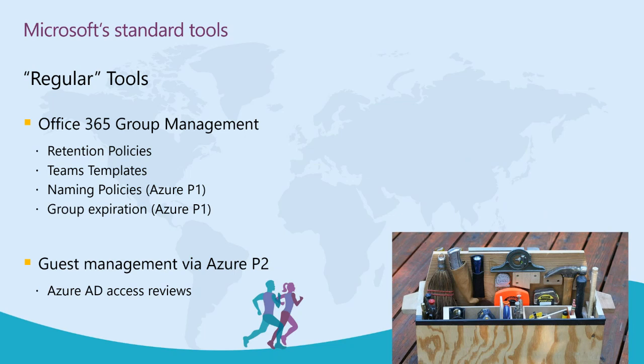So for example, you can establish a process where all teams will be checked every month or every quarter to verify whether all those guests are still required for the project.